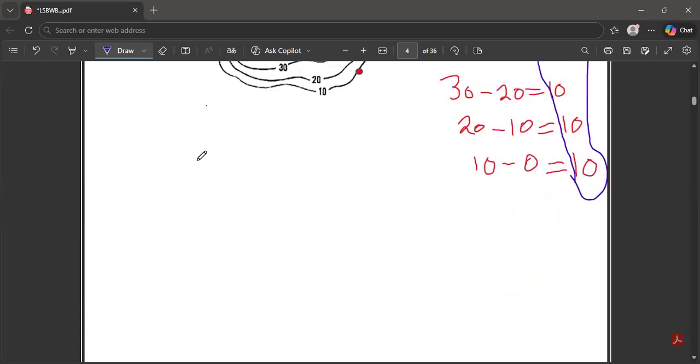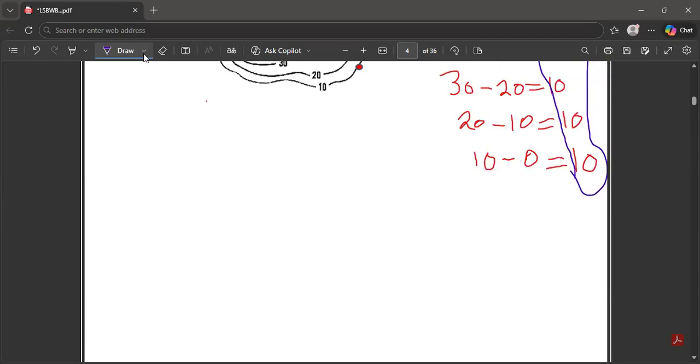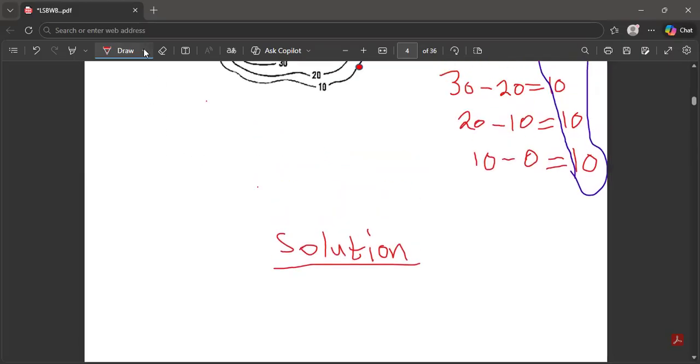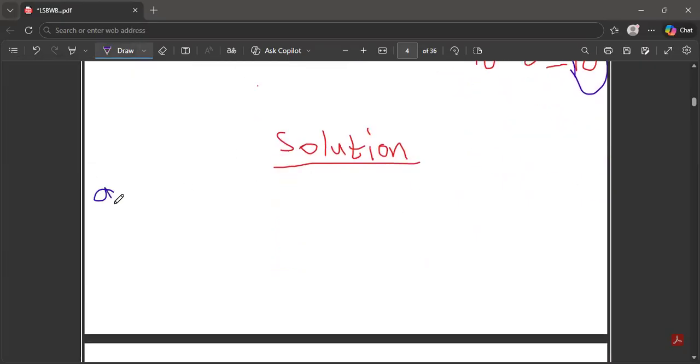So that is it. Let's quickly write our solution over here and put it down there. So we are solving for A, and our contour interval.